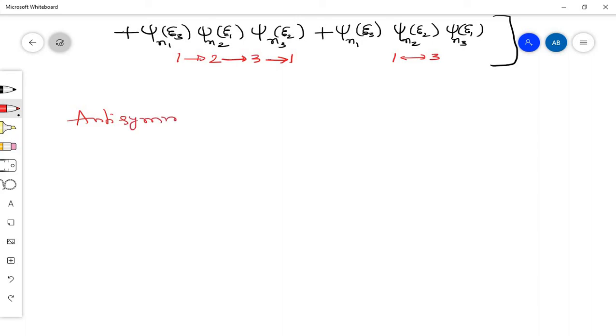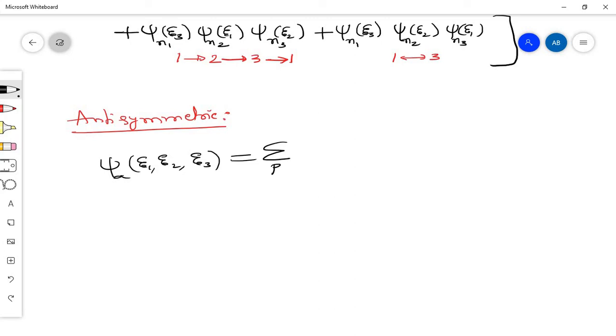The antisymmetric function of 1, 2, 3 will be the summation over all permutations of minus 1 whole power P, P cap, psi n1 e1, psi n2 e2, psi n3 e3.